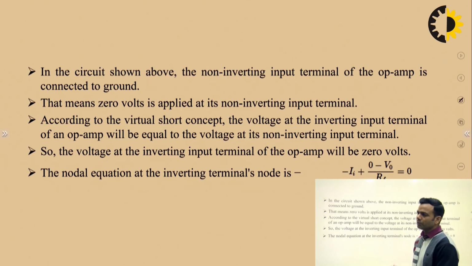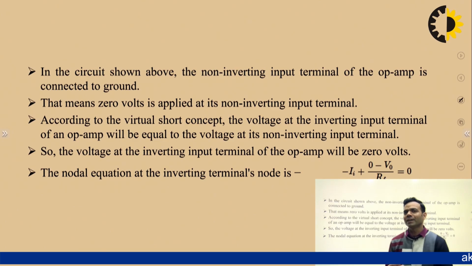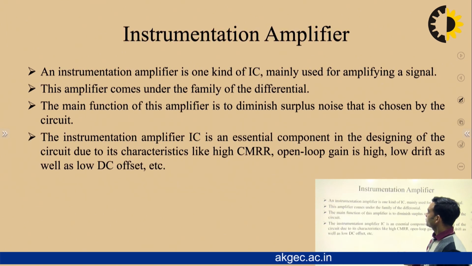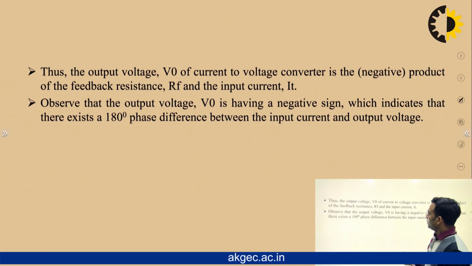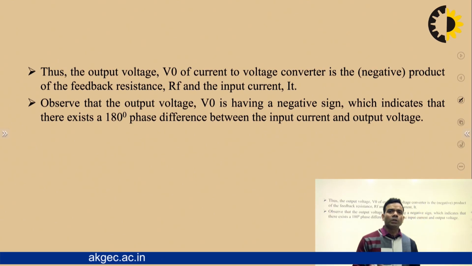So, by this circuit we can simply conclude that this circuit is going to convert current into voltage, just like the voltage to current converter which converts voltage to current, and this circuit converts current into voltage.